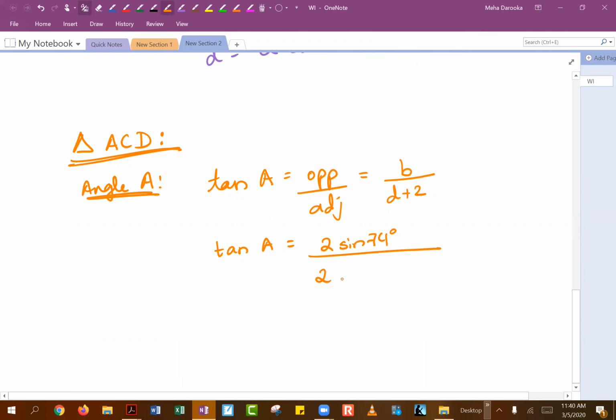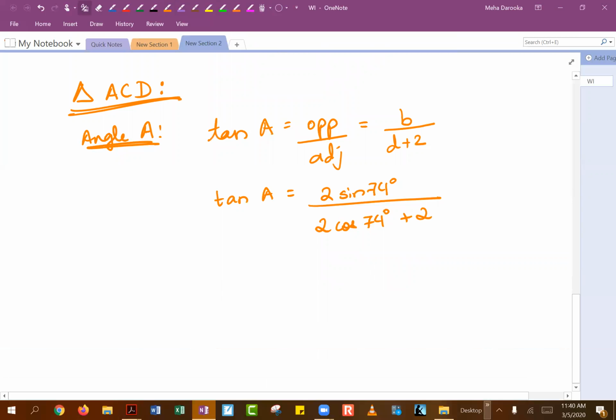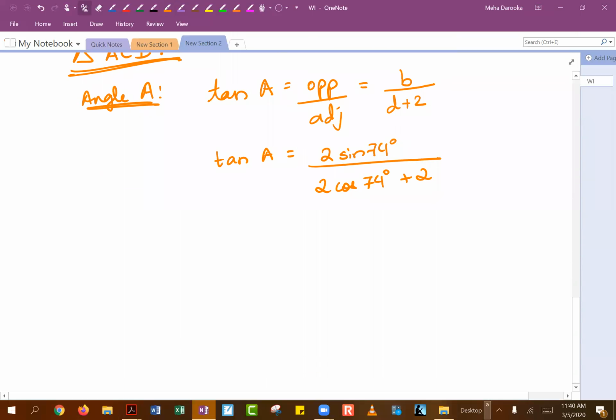Side D was 2 cosine of 74 degrees plus those 2 nautical miles for the 8 knots. Since we're trying to find angle A, what would we need to do here? Yes, use arctangent, tangent inverse. So A equals tangent inverse, or arctangent, of this fraction.